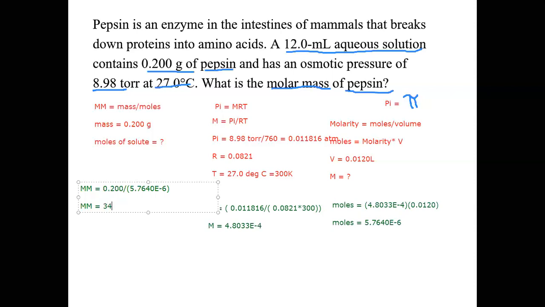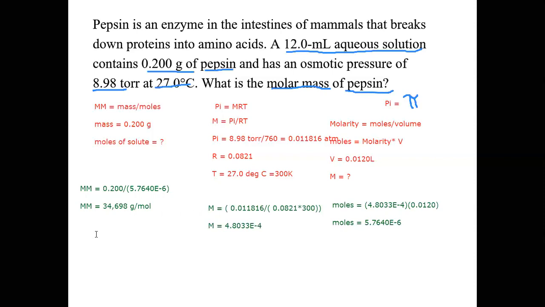And we get 34,698 grams per mole. Let me double check. Yep. That's the molar mass of this enzyme.